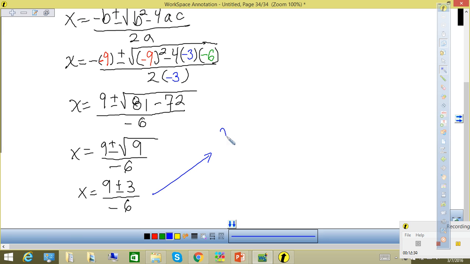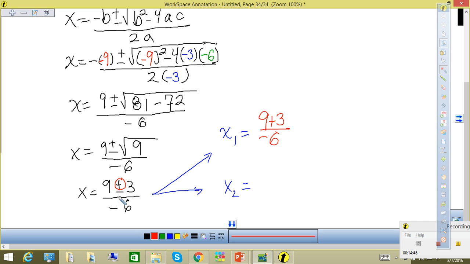I'm going to write one as x sub 1 and another one as x sub 2, and let me show you why. Pay attention, please. Pens down. Look up. One of them has a positive number there, so I'm going to write everything the same except for that negative. So I'm going to write 9 plus 3 over -6. What is the only thing I didn't write?